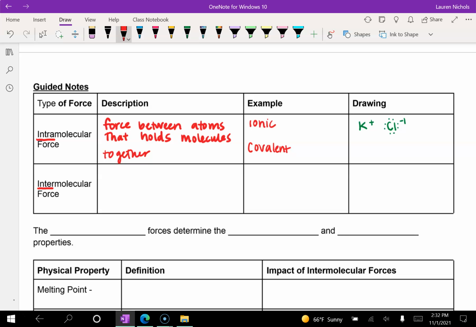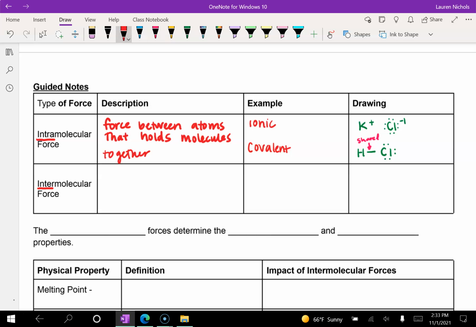Or you might see a covalent bond like this, showing that these electrons are being shared between the hydrogen and the chlorine, and that's what makes it a covalent bond and a covalent force. And so that's the intramolecular force. It's just in the atom and inside the molecule.